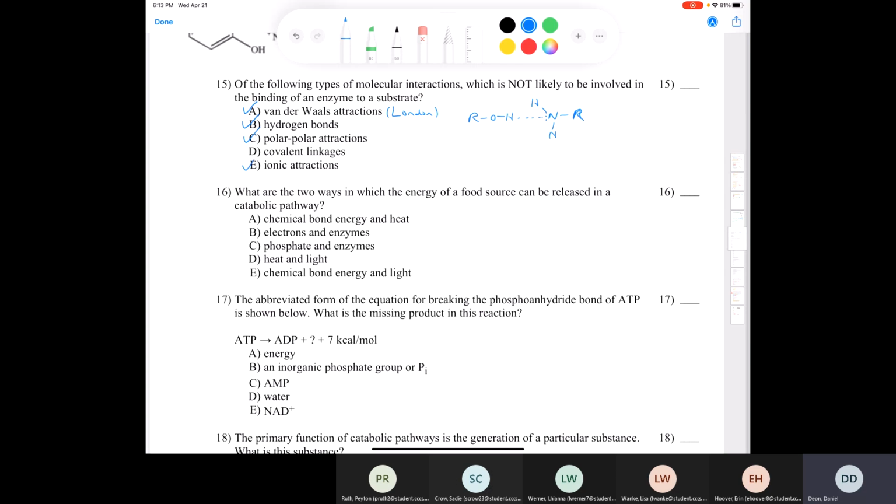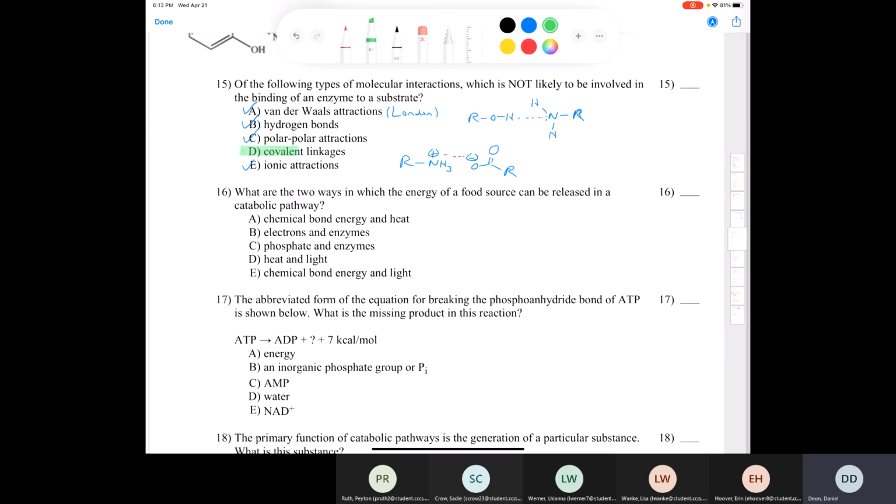Ionic interactions, that would be like a salt bridge. Like let's say you had an ammonium ion that could be attracted to a carboxylate, maybe like this. We have an attraction between the positively charged cation and the negatively charged anion.